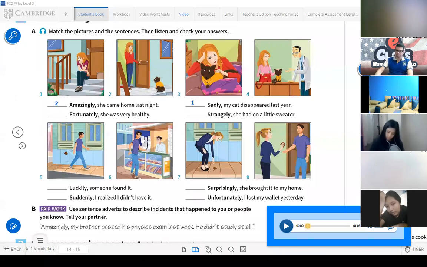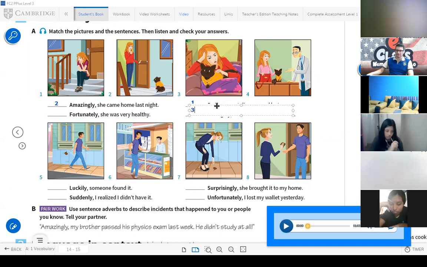Wait a moment, please. Okay. Don't remember the answer? The 3 is strangely. She had a little sweater. Oh, great. Strangely, right? She had a little sweater. This is number 3. Very good.